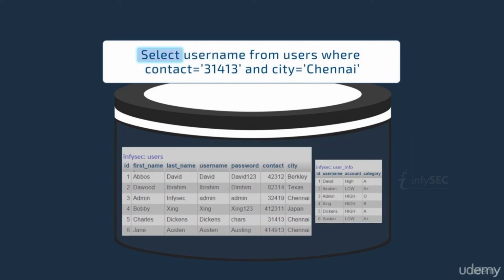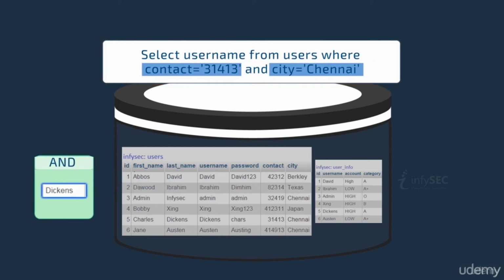In a select statement, the relevant data is fetched using either AND or OR logical operators. AND operator fetches a record only when both the conditions in an SQL query are true. For example, when an AND operator is used in this select statement, it fetches records of users who have both the given contact number and the city as that of the user input.